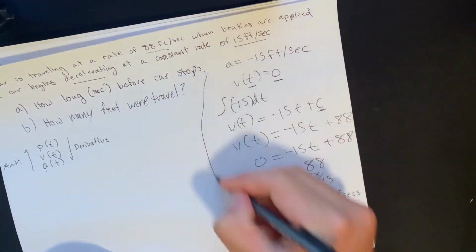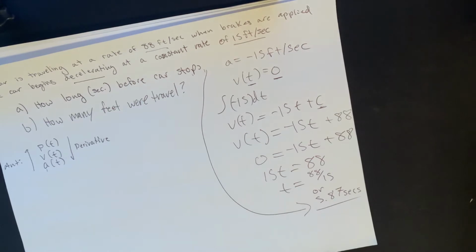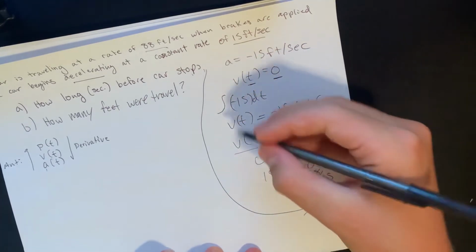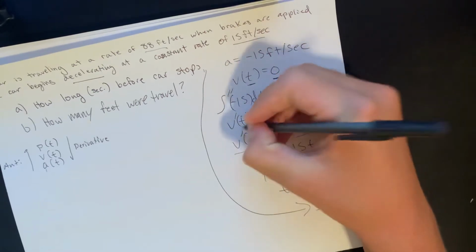It will take 5.87 seconds. And how many feet were traveled during that span? We know that the car is traveling at a rate of 88. And so we need to take this equation that we found by taking the antiderivative. So this is the double prime, so this will become the prime.